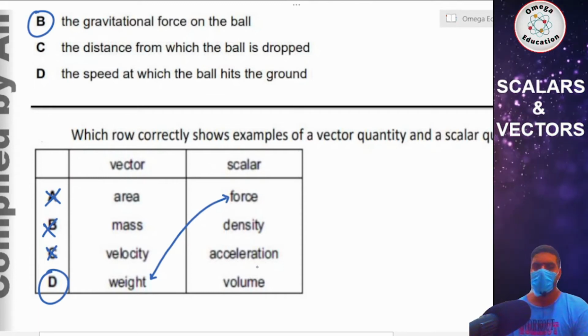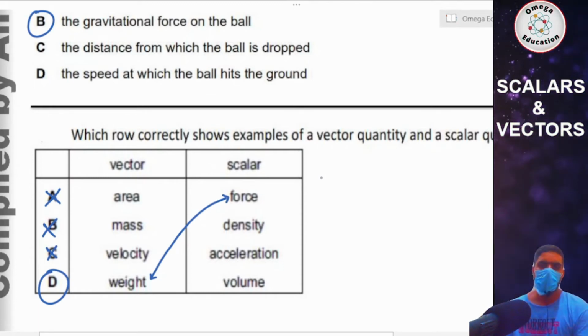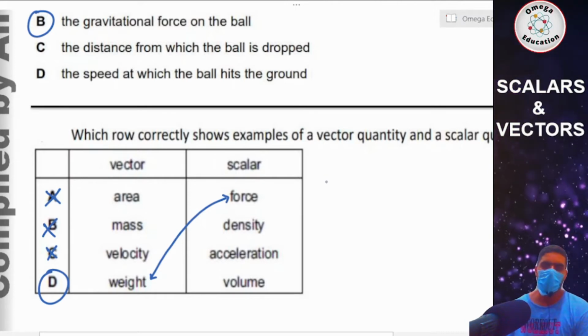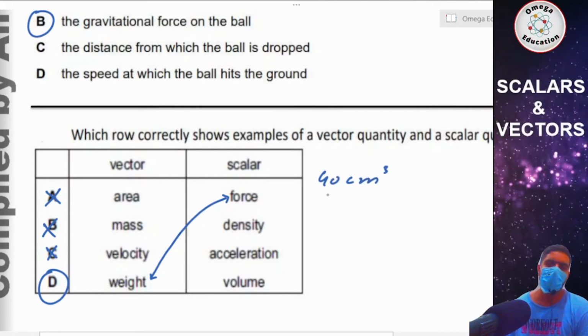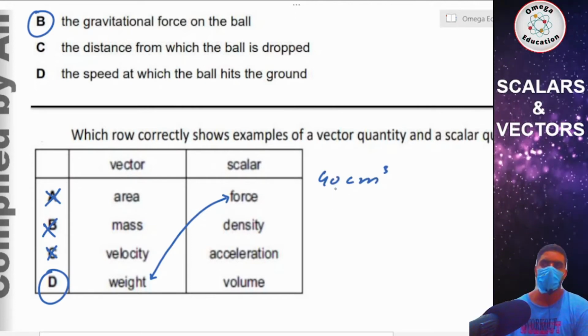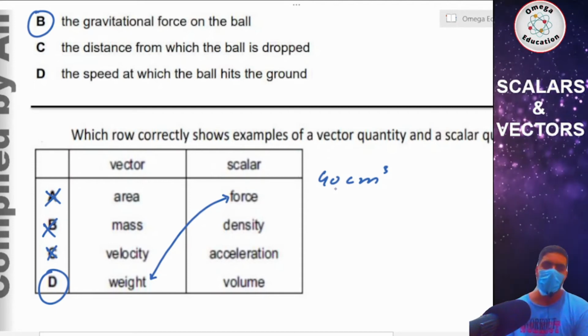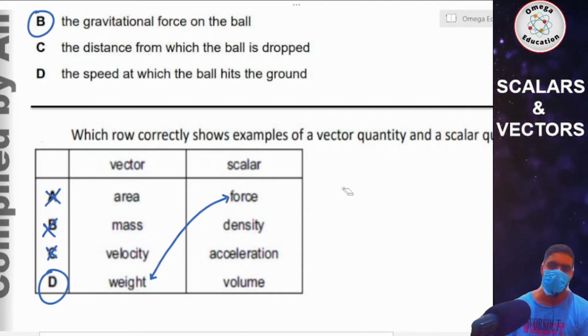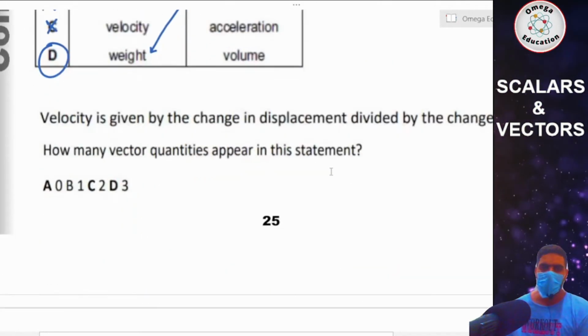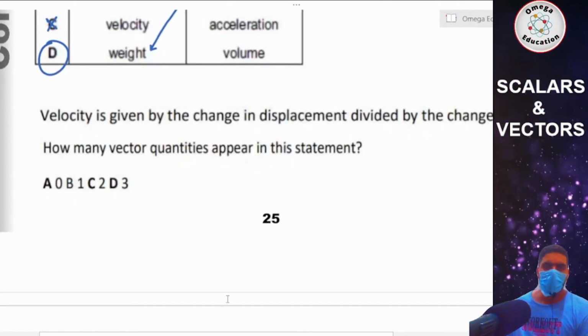These are also scalar quantities because we don't mention direction with the volume. Let's say the volume of a sphere is 40 cubic centimeters. Then no one says the volume of the sphere was 40 cubic centimeters downward or upward. If you mention direction with it, that makes no sense. It looks very weird. Alright, moving on to the next one.